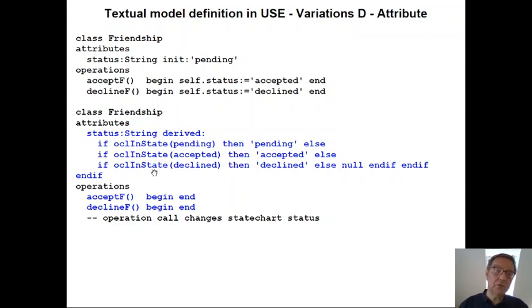This derivation rule uses a general OCL operation for checking the state of the state machine. We have seen this operation before: OCL in state, and then you can specify a state of the corresponding state machine.